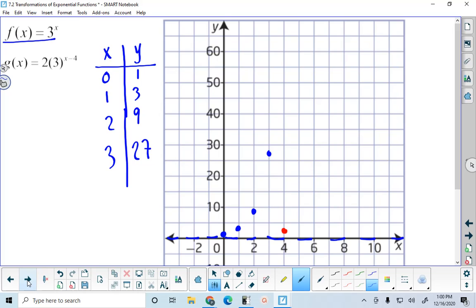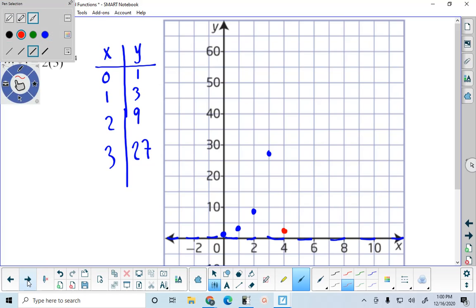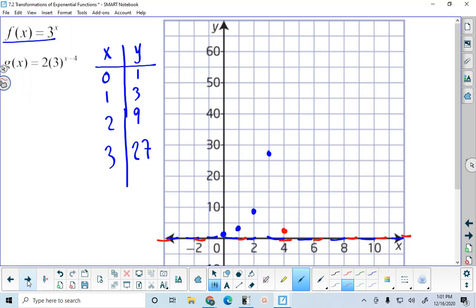Why is it that there's no k value? Exactly, Aiden. The only thing that can move that horizontal asymptote would be a vertical translation. And if k is 0, then that's going to sit there no matter what. Let's move on to the next point.